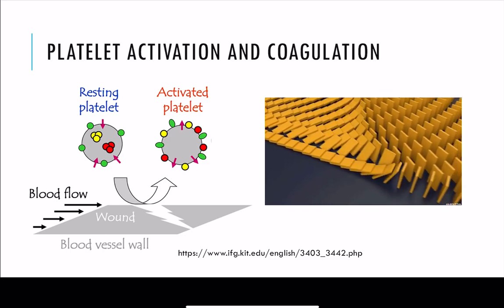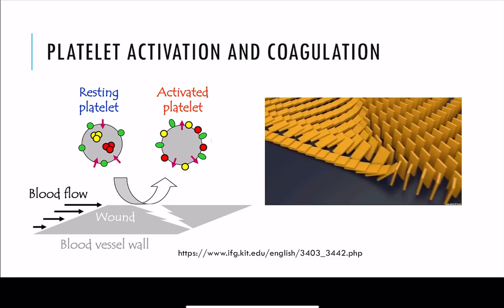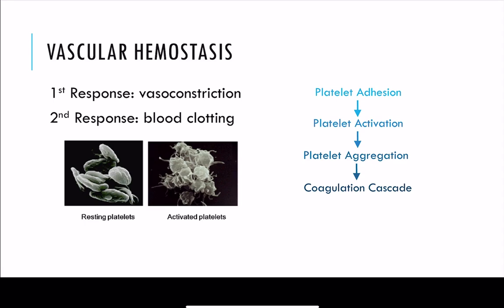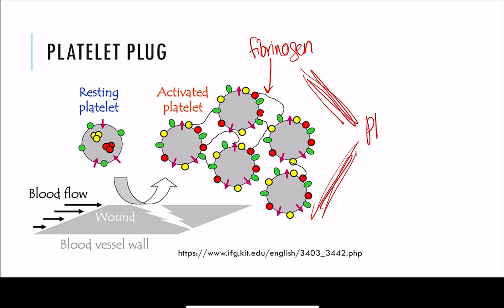So the initial stimulus causes a change, which actually causes even more of the initial stimulus. Once you've had this domino effect, you end up with a whole bunch of activated platelets strung together with fibrinogen. And this can fill in the gap in the vascular wall, and that is our platelet plug.